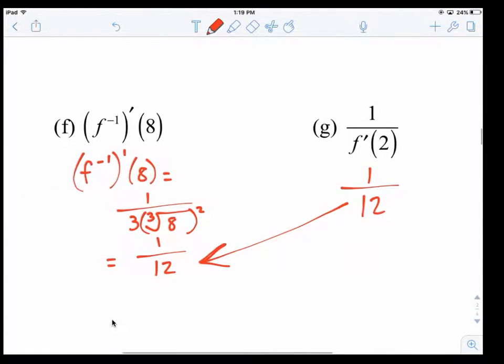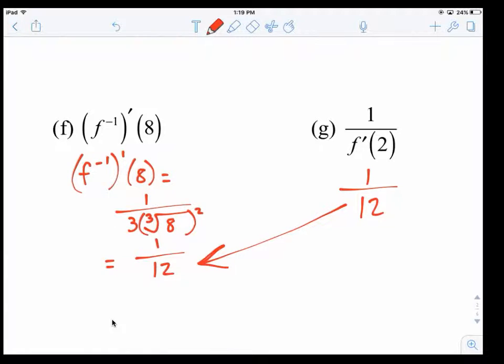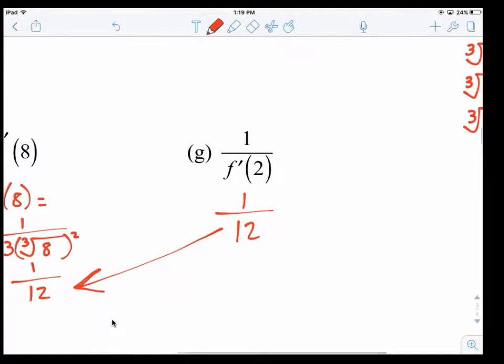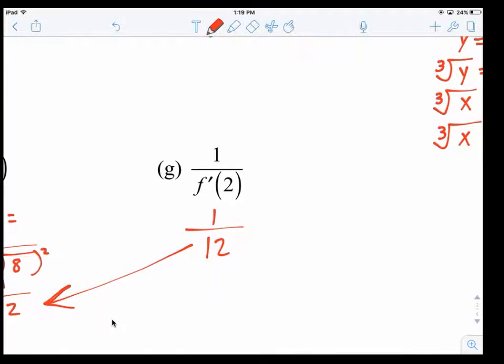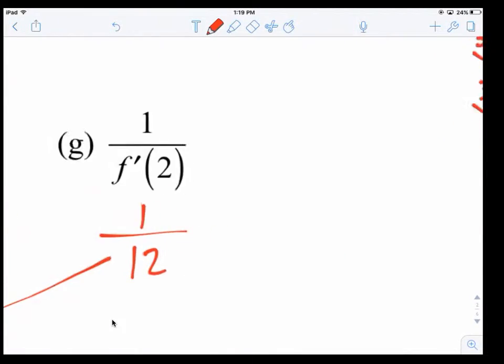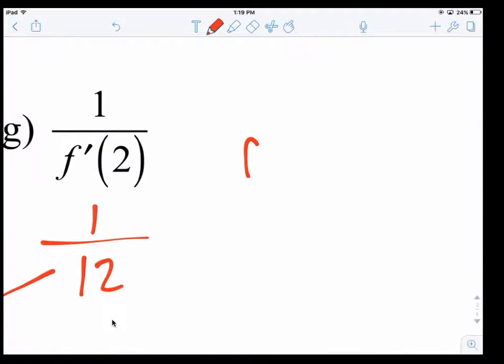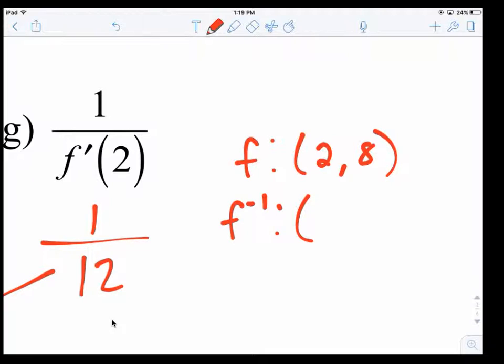For g? So we figured out from the part above that f prime of 2 was 12, right? So then the reciprocal of that is just 1 over 12. We figured out that there was a point at (2, 8), and then its inverse has to have a point at (8, 2).